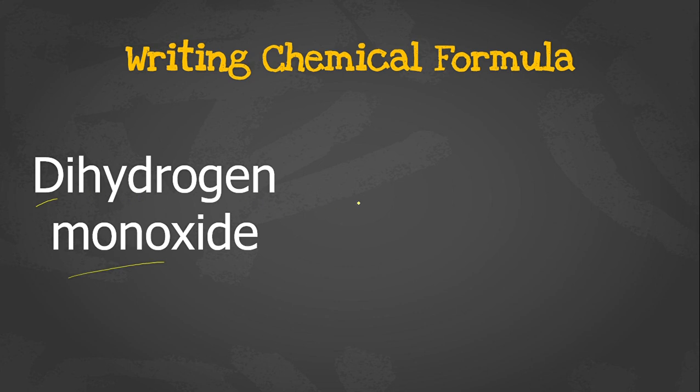So, dihydrogen means dalawang hydrogen at monooxide or monoxide. So, isa. Ayan. So, this is the name of water. Yung talagang technical name niya or IUPAC name kung tawagin nga sa chemistry. It's dihydrogen monoxide. Yan yung ibang pangalan ng water.